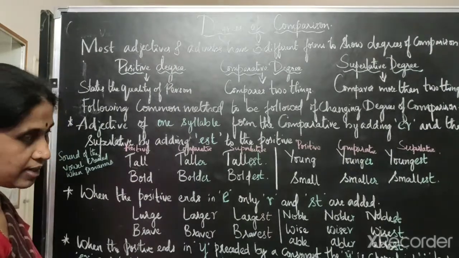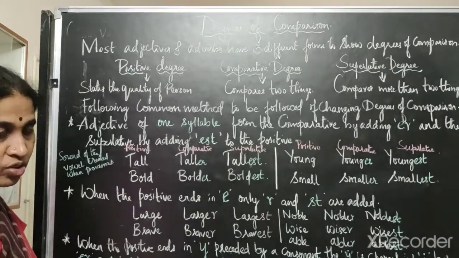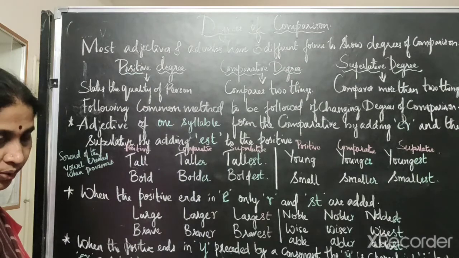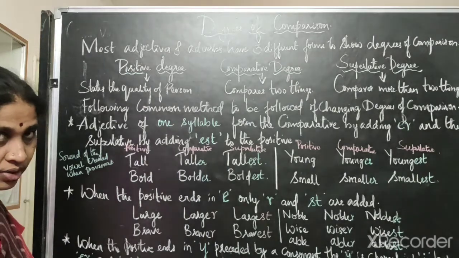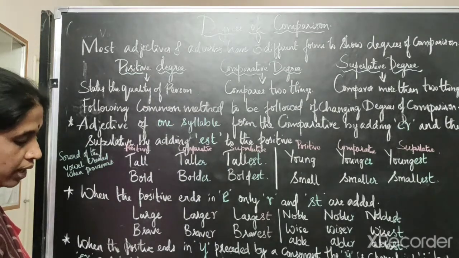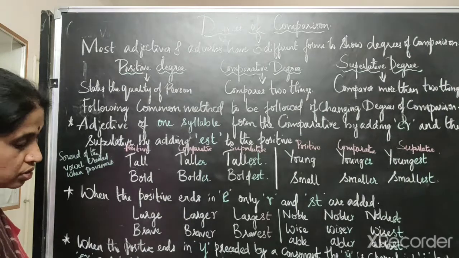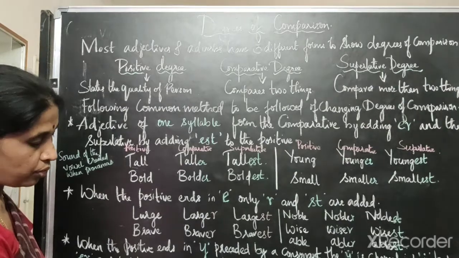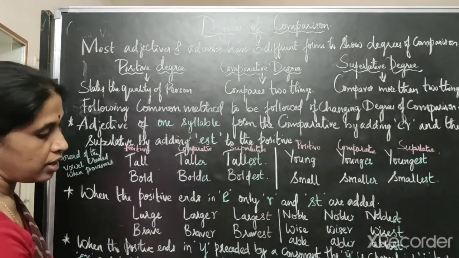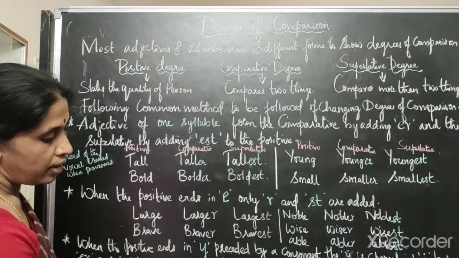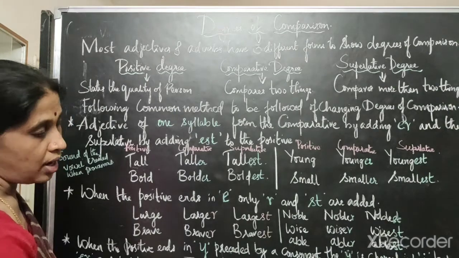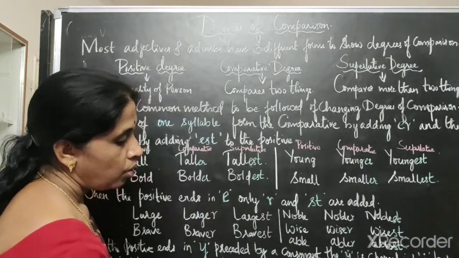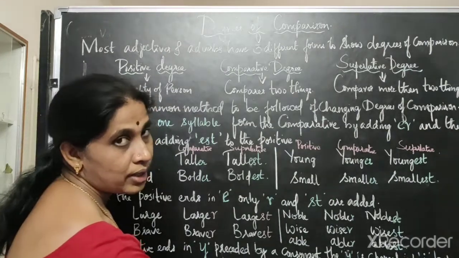Easy: the word ends with Y, but before that you can see S. So when the word ends with Y preceded by a consonant, the Y is changed into I before adding ER, and here also Y is changed into I before EST is added. Similarly, heavy, heavier, heaviest, wealthy, wealthier, wealthiest.